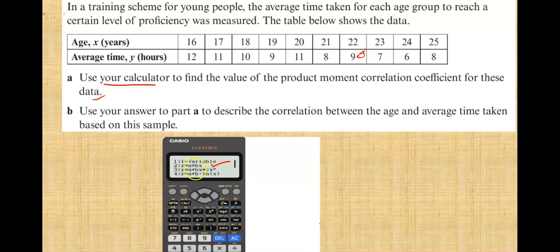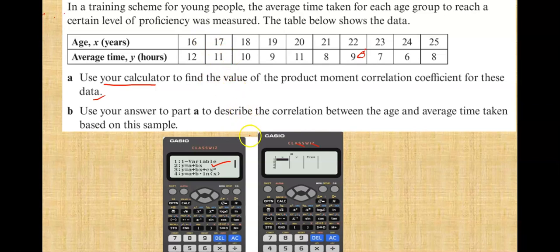Now the screen will show like this, and you can see this table. This is the X column, where you put 16, 17, 18, 19, and so on. In the Y column, you put 12, 11, 10, 9, 11, and so on.